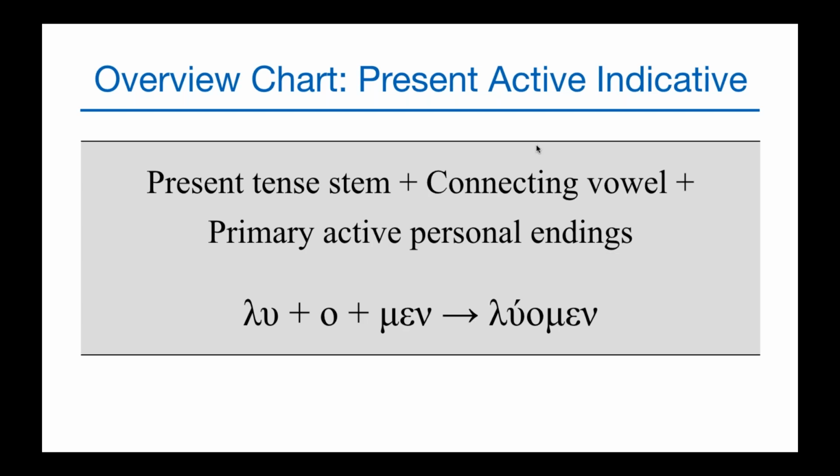tenses from the present. So you see here, the first thing we have is a present tense stem. I know this is going back a little bit, but does anybody remember what I said the difference between the root and the stem is?